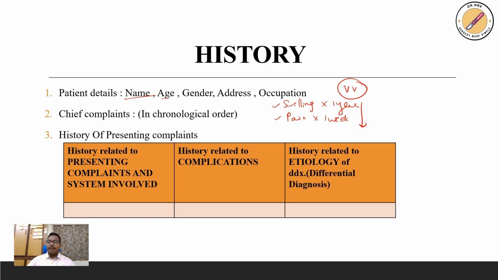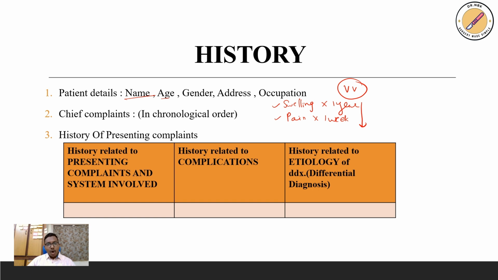Next, another important thing is whenever we are writing this patient details, even though we are writing on the paper with specific side headings, when we are describing the case, it should be like a story. Let's say, for example, a 36 years lady who is a homemaker residing at Tirupati came to surgical OPD Government General Hospital with the chief complaints of swelling in the front of neck for the past 1 year and pain in the swelling for the past 1 week.